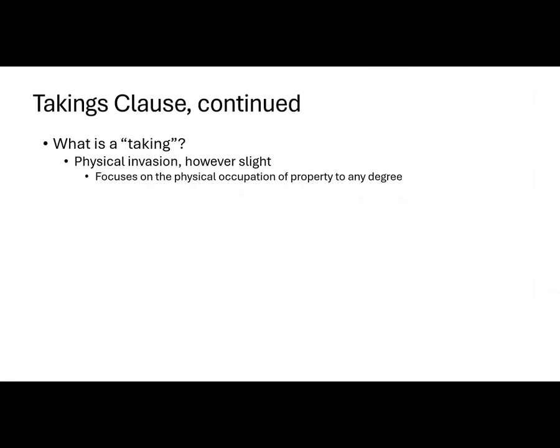Another example given in the textbook was a government flying military aircraft low to the ground over a person's property. These are all takings because there's a complete loss of value created by the invasion of at least some small part of a parcel of property. But again, this analysis focuses on the physical occupation of property to any degree.